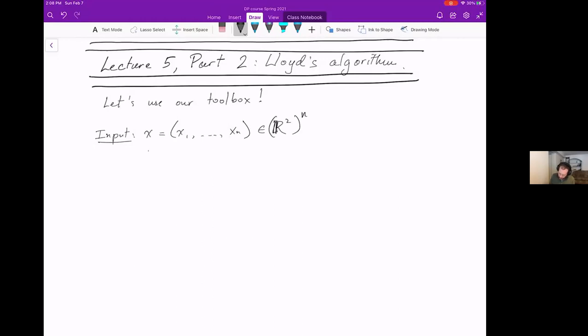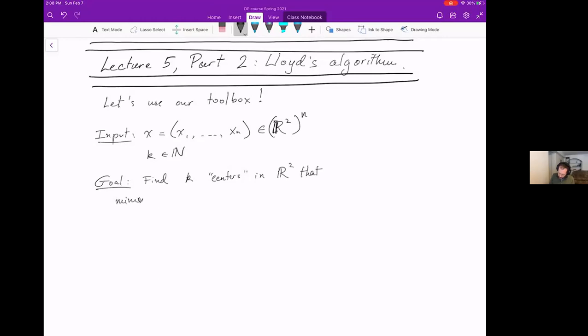And there's also an integer k. Our goal is to find a set of k points, we'll call them centers, in R2, in the plane, that minimize the following cost.